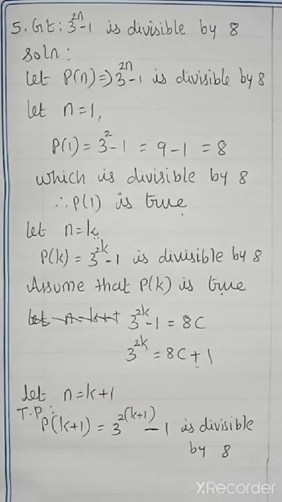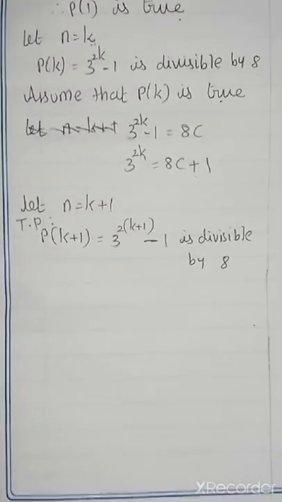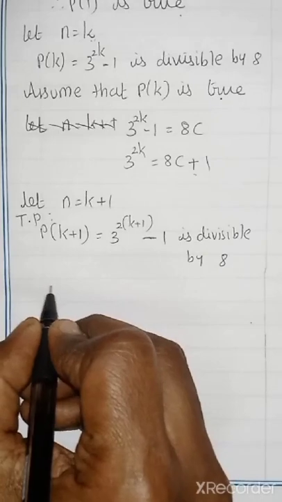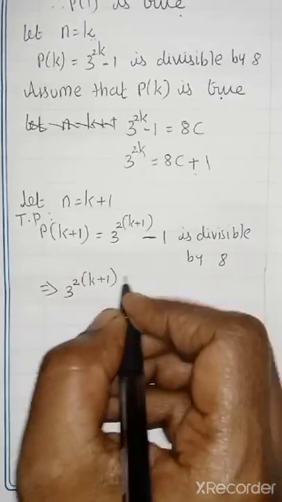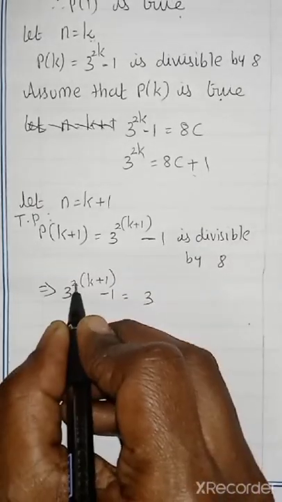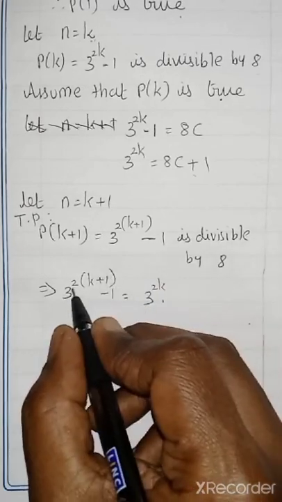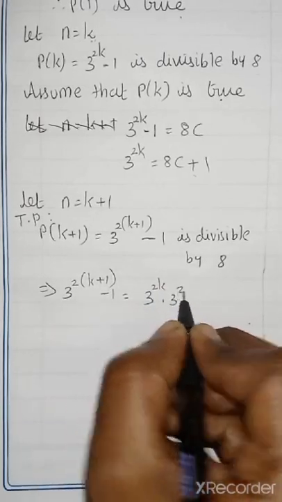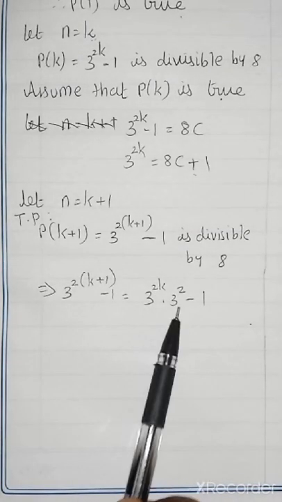Okay, so now what can we take? 3 power 2 into k plus 1 minus 1 can be taken as 3 power 2k into, 1 into 2 is 2, so 3 square, minus 1. Correct? So in the power we can take it as multiplication.